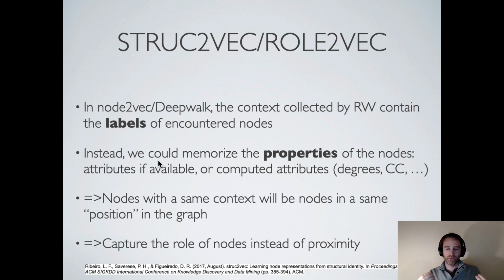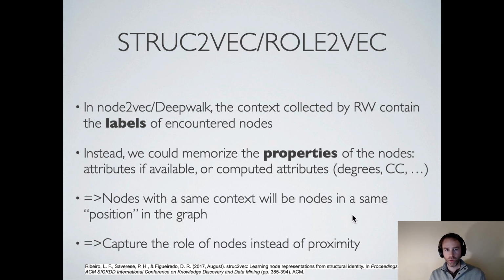So again, if we have used, for instance, political opinions, two nodes will have close embeddings if they encounter nodes with the same opinions around them. If we take degree or clustering coefficient, two nodes will have the same embedding if they encounter the same types of nodes around them.